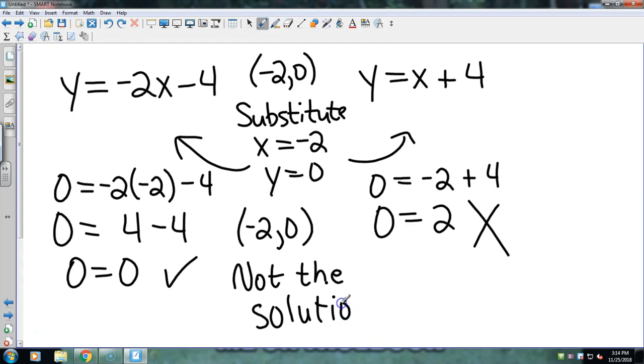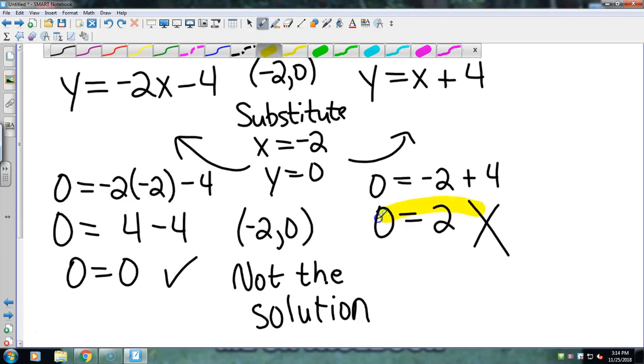If it were the solution, then this value over here would be true instead of false. Over here, 0 equals 0, that's true. But on the other side, it was not.